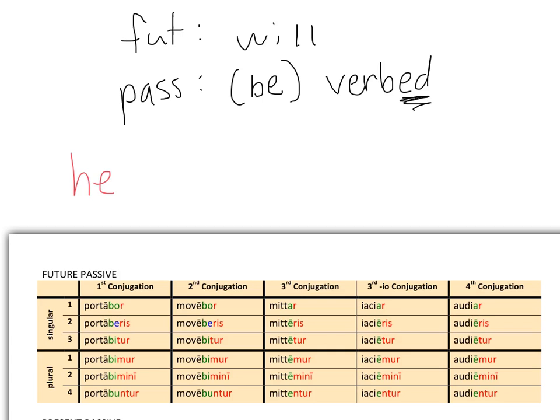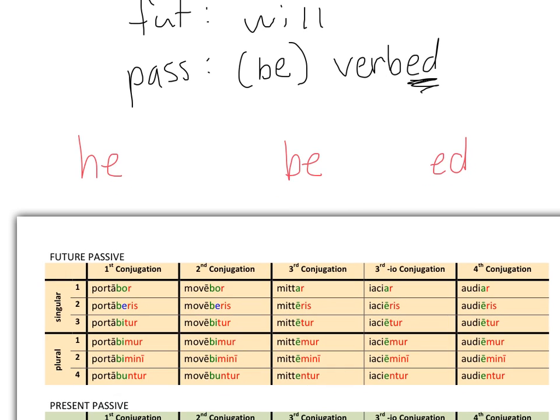And then that also tells me that it's passive, the be, ed, and then the bi part will tell me future. So I'd say will, and then the moe part tells me move.